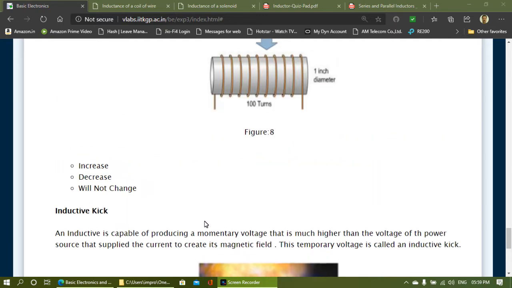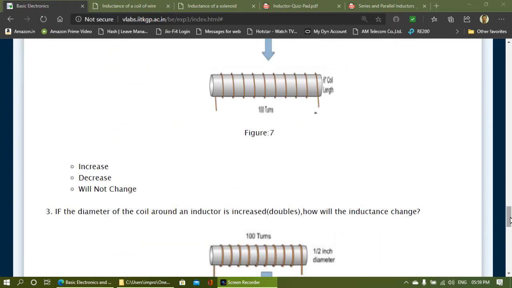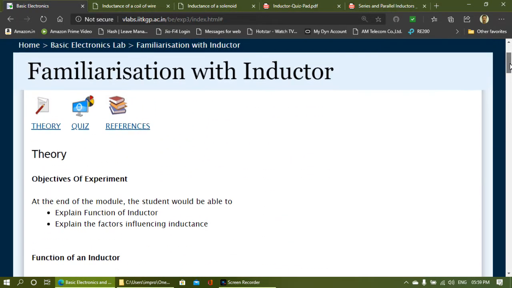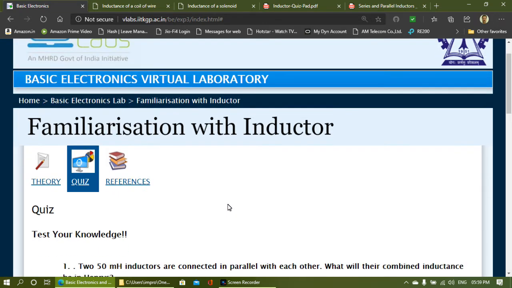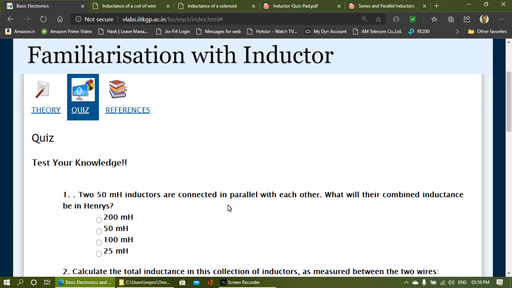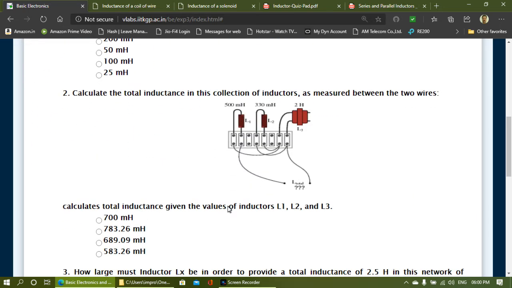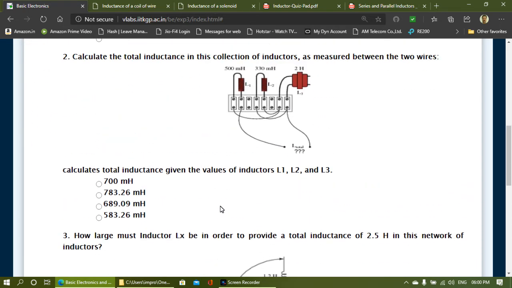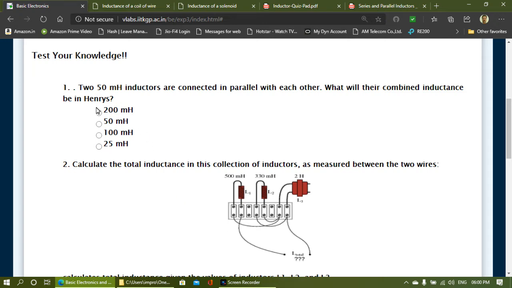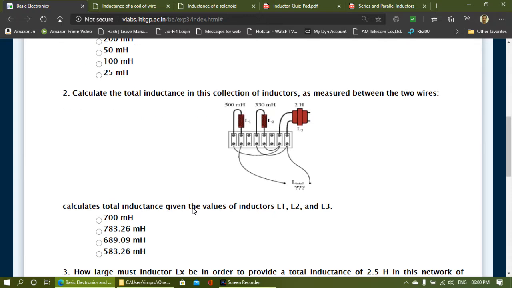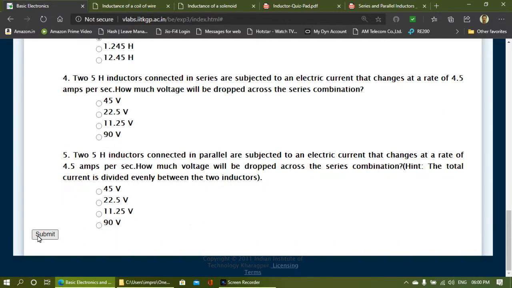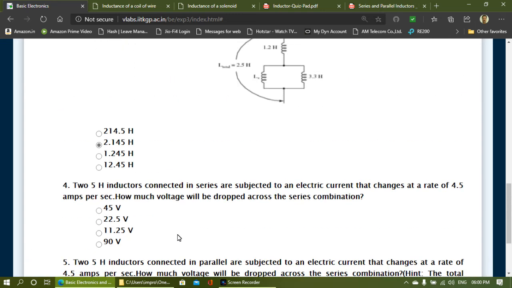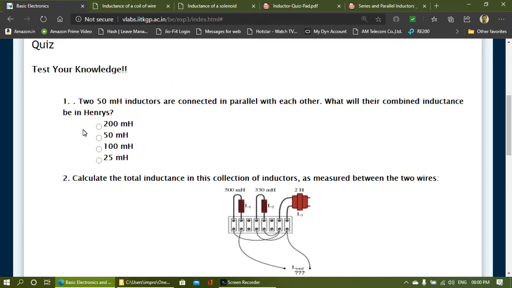Now we are going to the quiz part, where they have asked different types of questions. Here you have to choose one of the given answers according to the problem after calculation, and then click the submit button and verify whether your answer is correct or not.